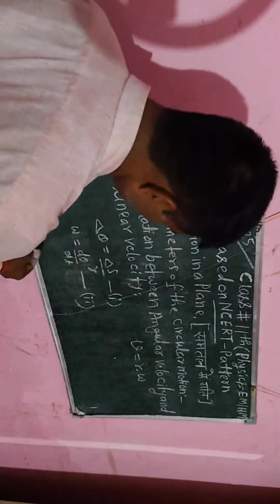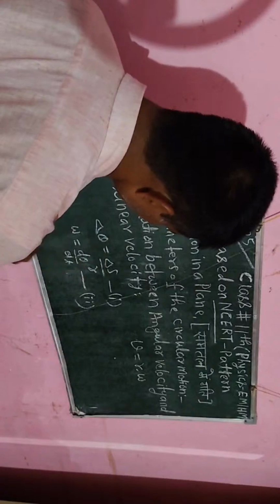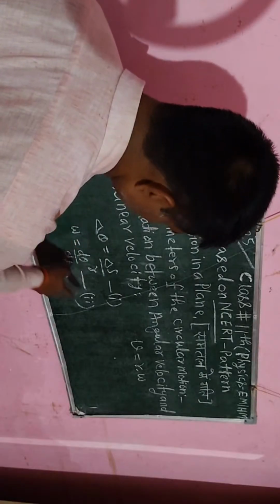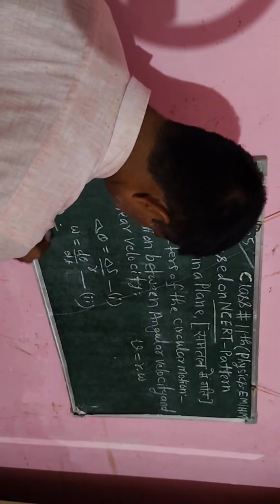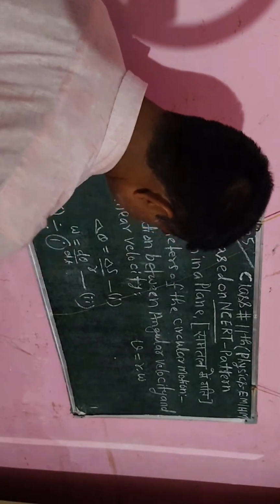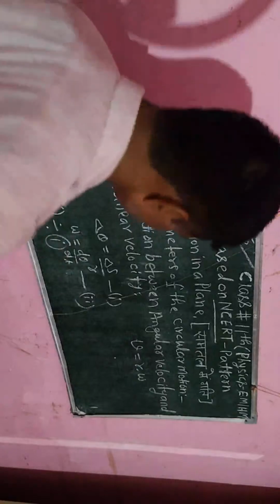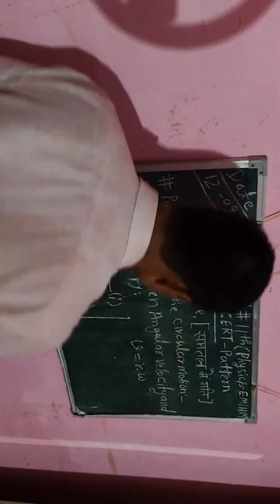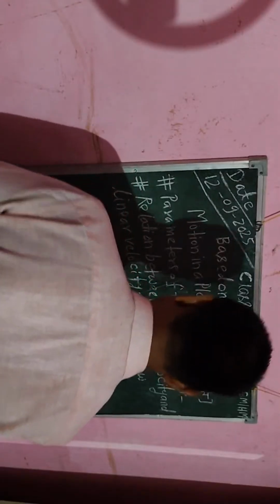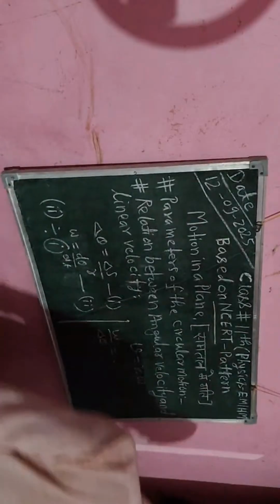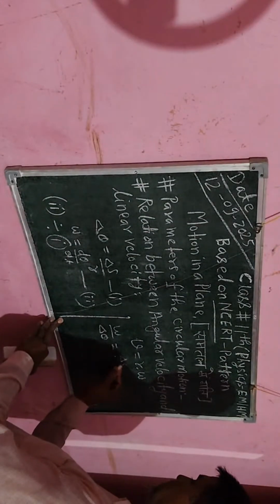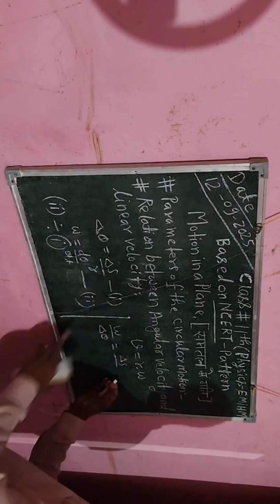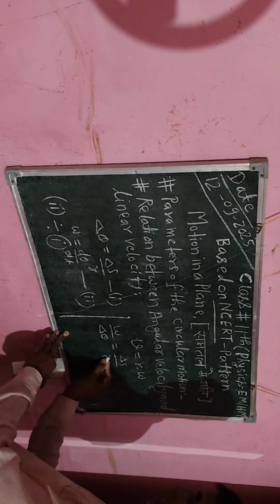When I divide both equations, I divide equation 2 like this. After dividing with omega, delta theta is equal to delta s divided by r.